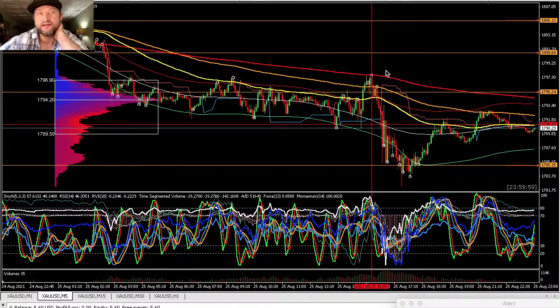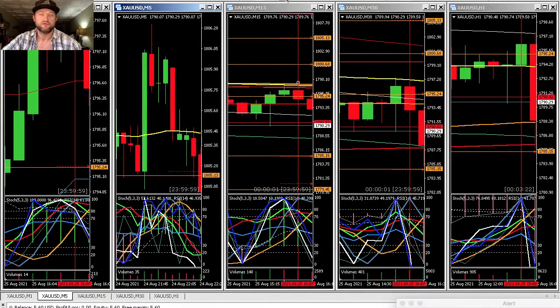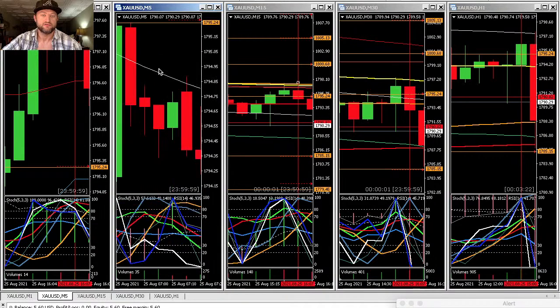Boom, that's like a 10x. You're risking like $10 to make 100, maybe less than that. That's how you go. Best way. So that's all I got.